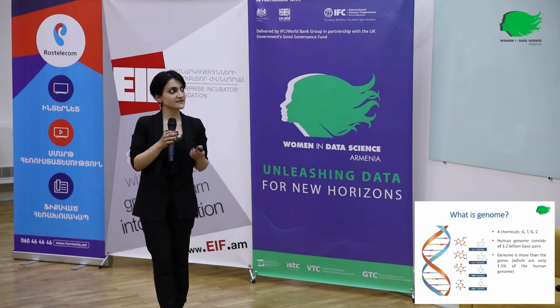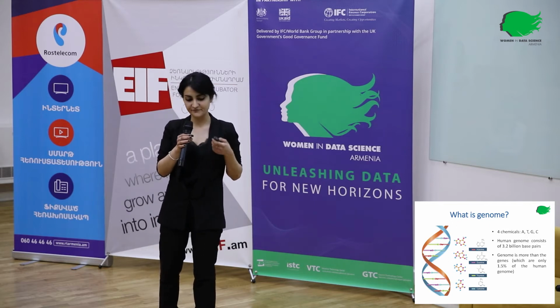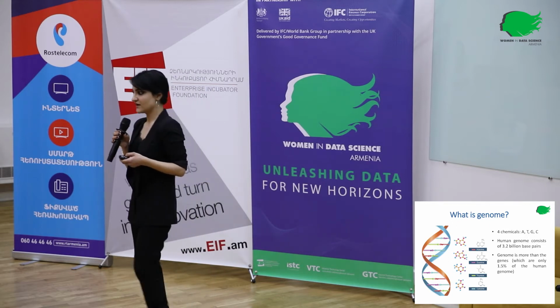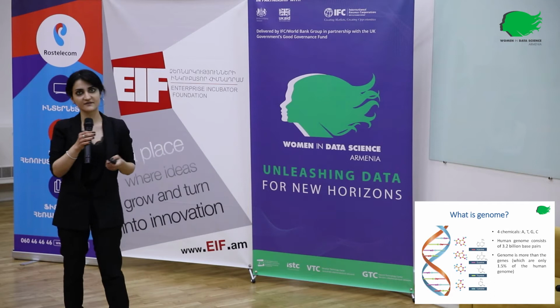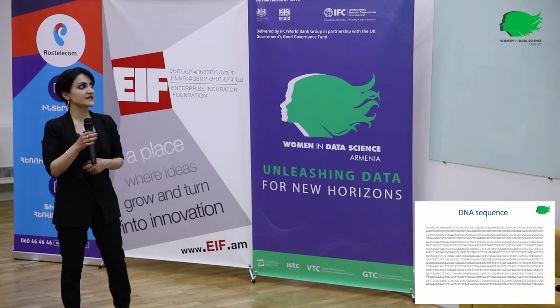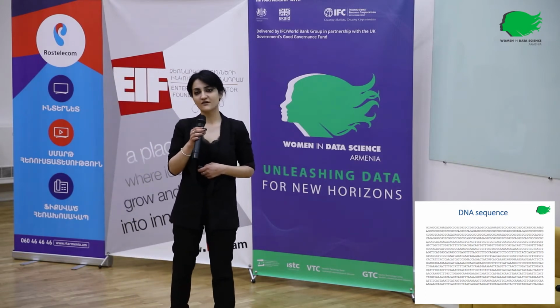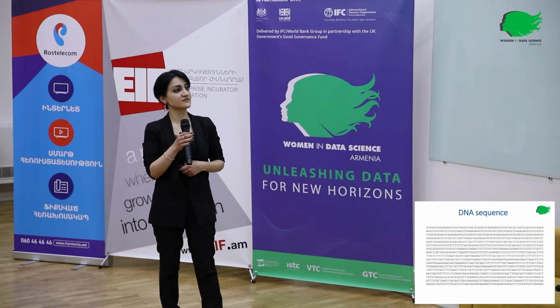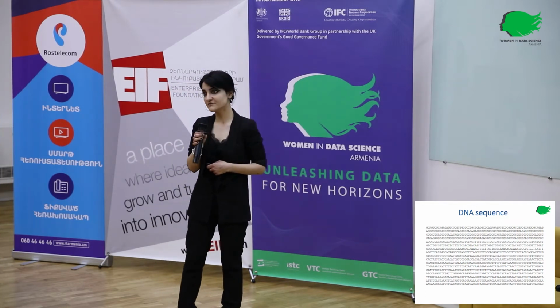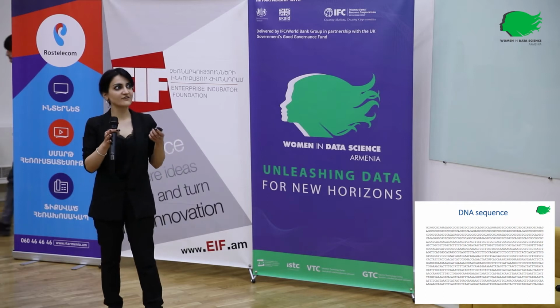And I should say that the main breakthrough that helped to take off this project was the development of sequencing techniques. Recently, we have become able to read the genome relatively fast and relatively cheaply. It costs now about $500.